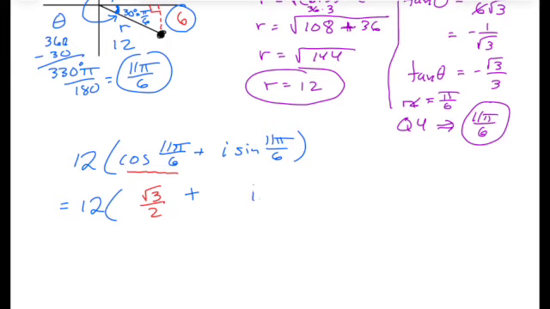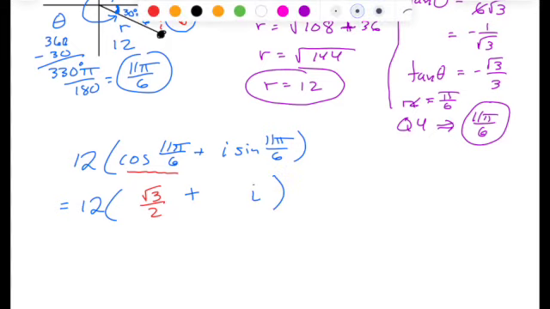Plus i times the sine of 11 pi over 6. Well, what's sine of 11 pi over 6? That's going to be negative in quadrant 4, and the sine of any pi over 6 is going to be 1/2. So we get negative 1/2 times that i.